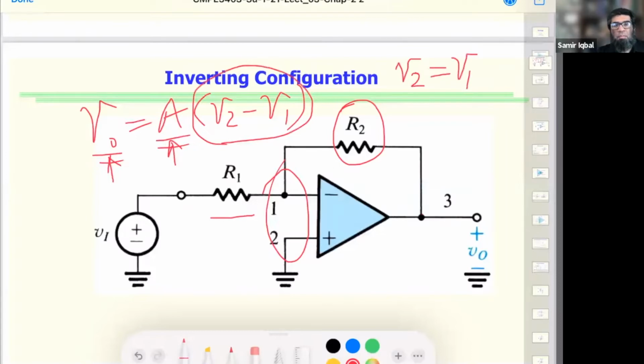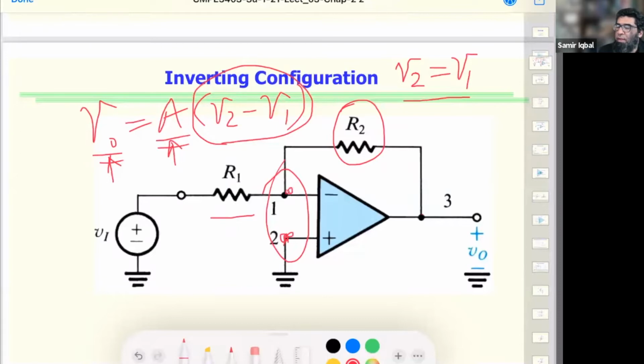So we can have some finite output for those. If I say this, that directly means that these 2 points are following each other. These 2 points are trying to get to the same value as each other. And we call this virtual short circuit.